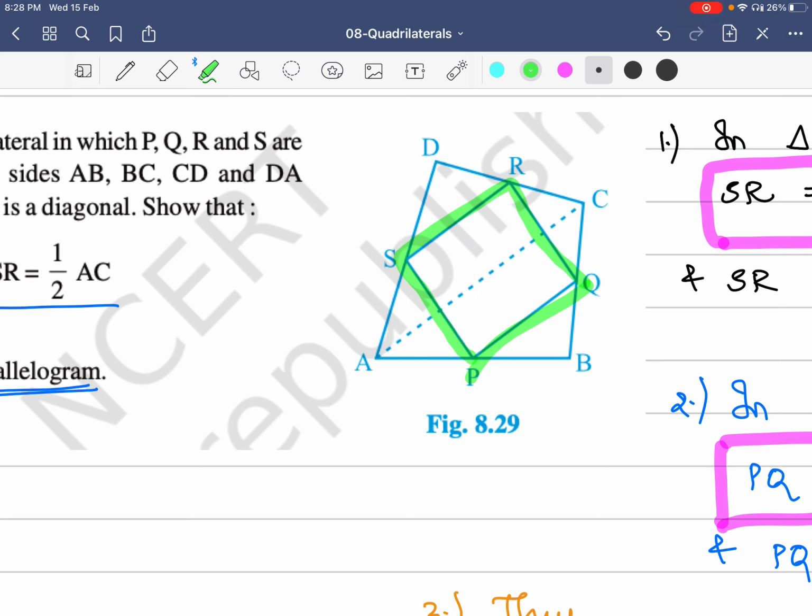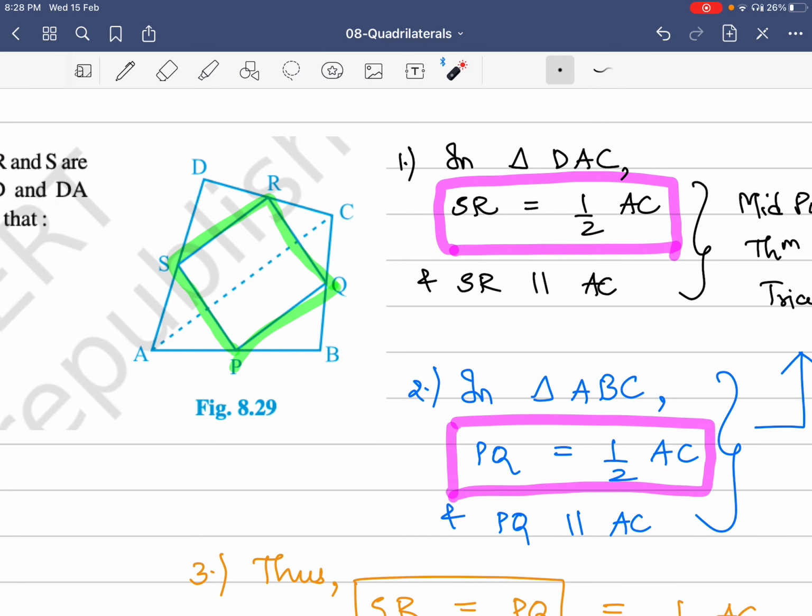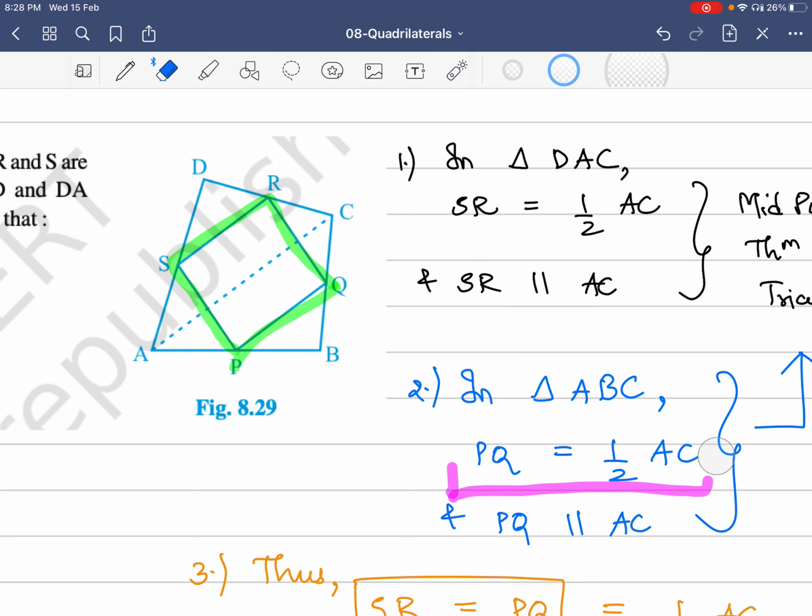The basic definition of a parallelogram is a quadrilateral where the opposite sides are parallel to each other. We have just now proved that PQ is parallel to AC and SR is parallel to AC.